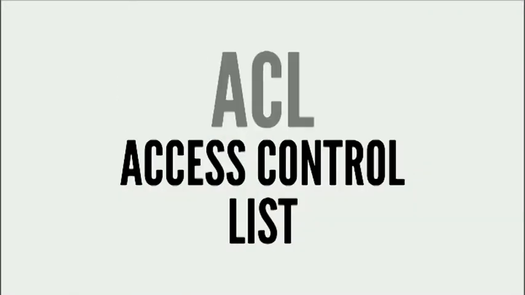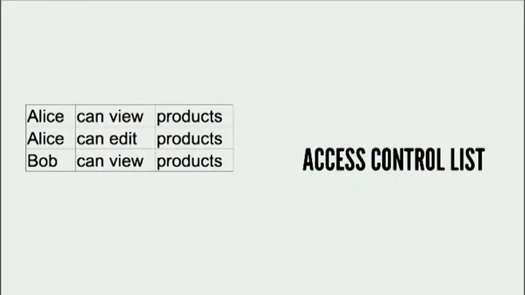So an access control list is a list of permissions for an object, and typically each entry specifies the subject and the operation for the object. So an access control list is a list of people who can perform actions on a given thing. So for example, the access control list for products might be Alice can view the products, Alice can edit the products, and Bob can view the products.